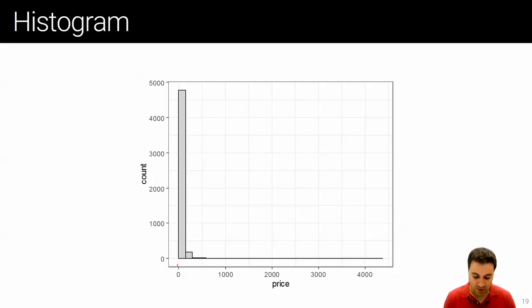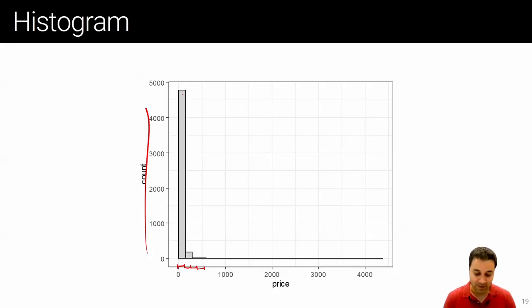So here's one bin, here's another bin, another bin, another bin, etc. Here we have bins of around, I would say, 150 euros. And what this is doing is counting along the y-axis how many observations we have in the dataset that fall under each of these bins for the values of the variable.